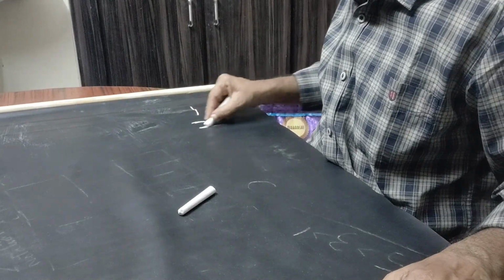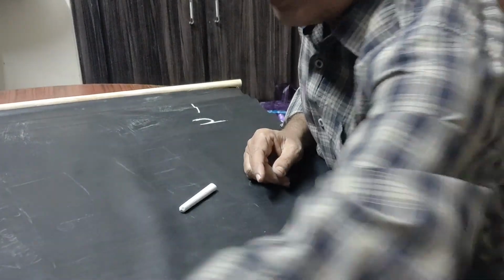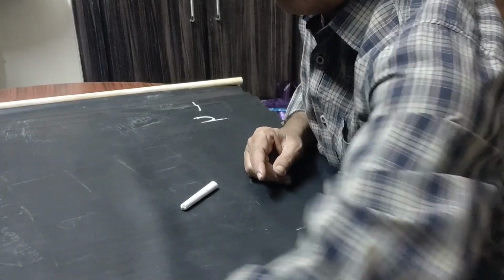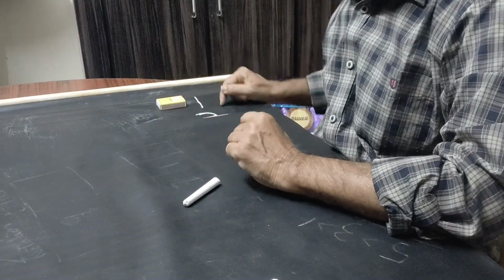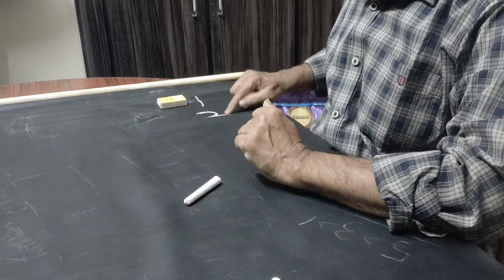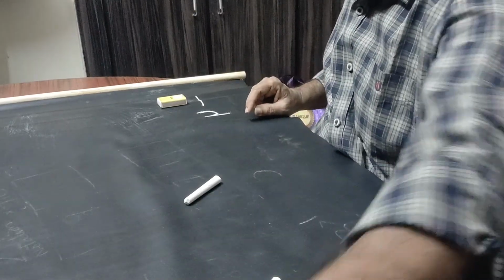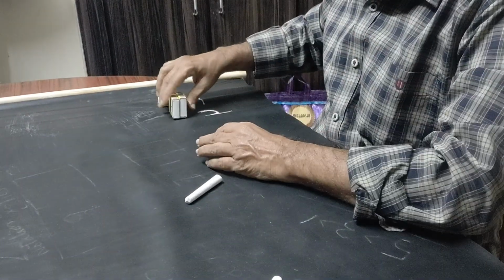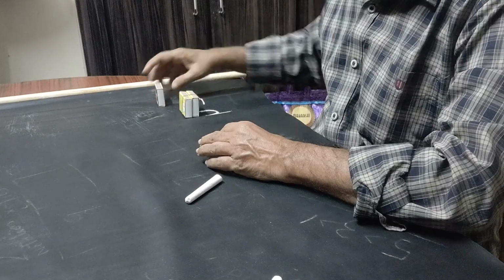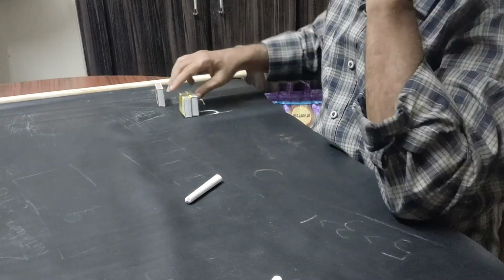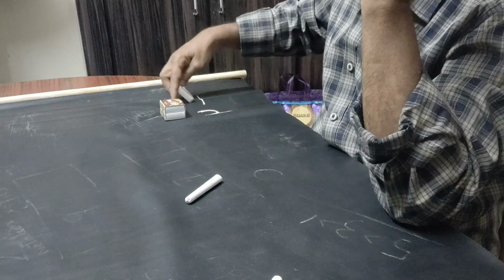If we tell 1, we have to show the object of one box here. Here 1, this is 1, and now it is 2. See, these are 2 boxes and this is 1 box. Okay, now this is 1 box and this is 2 boxes.